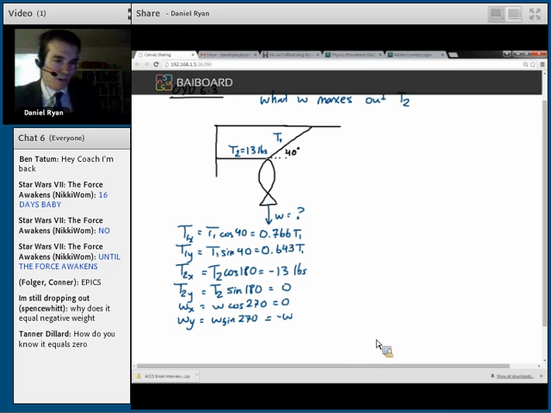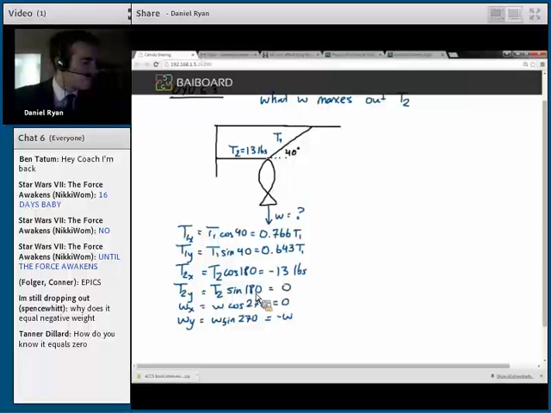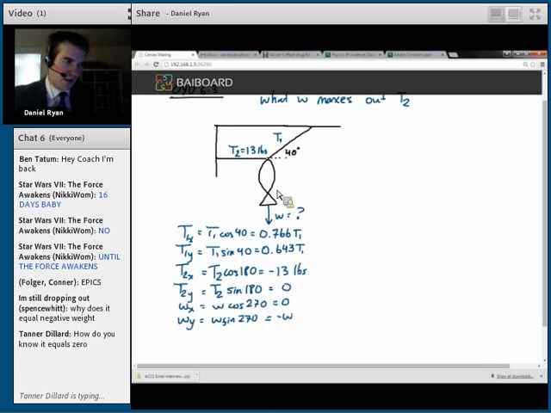How do I know it equals 0? I guess my calculator tells me. Why does it equal negative? For both of these situations, if you enter in your calculator, what is the sine of 270? If you find the sine of 270, which is what this weight is, the sine of 270 is -1.